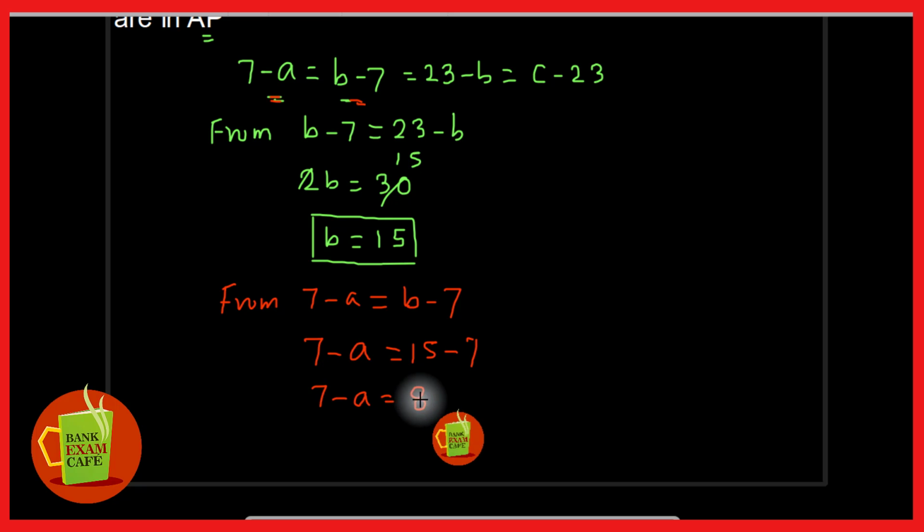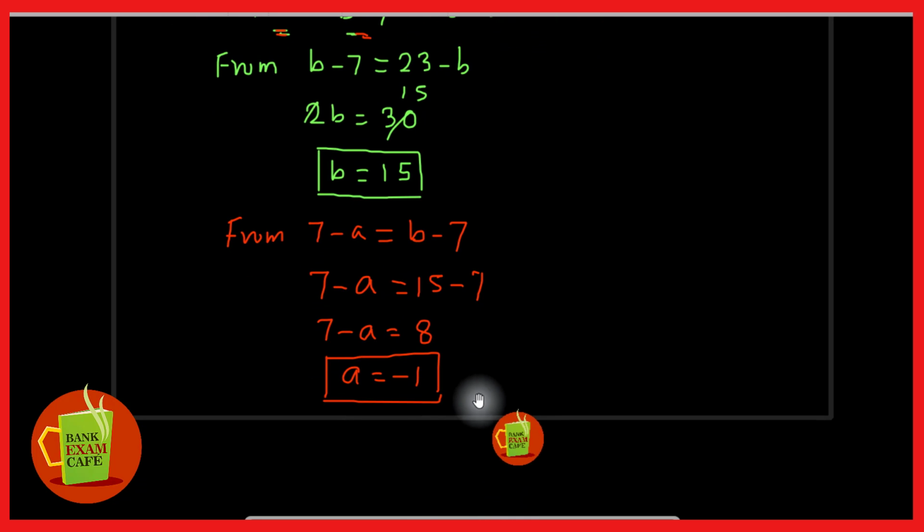Now take 7 to the other side, so 8 minus 7 will be 1, minus A is equal to 1, and therefore A will be equal to minus 1. So you have got the first term, A is equal to minus 1. Highlight this also, because highlighting the important step makes your answer paper examiner friendly.